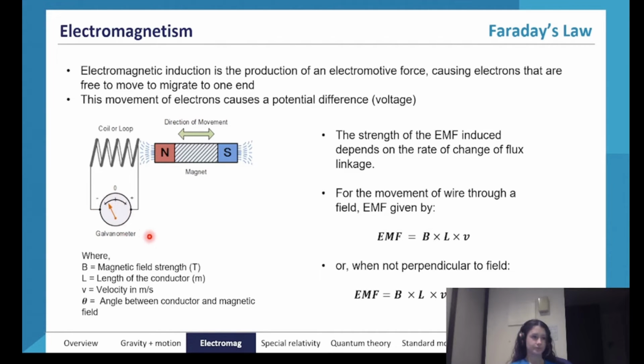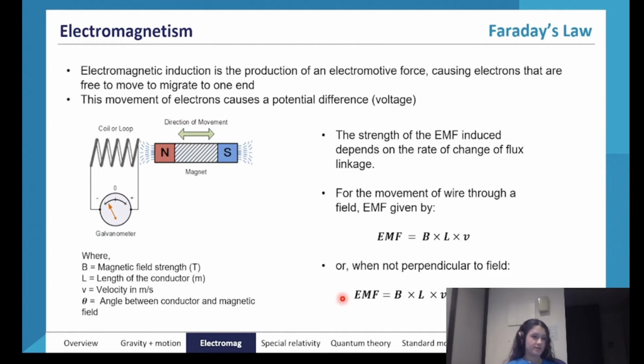So, the strength of the EMF induced depends on the rate of change of flux linkage. For the movement of wire through the field, EMF is given by the magnetic field strength multiplied by the length of the wire multiplied by the velocity that the wire is traveling at.